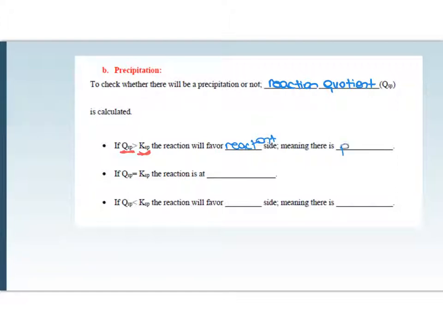meaning there is precipitation. If QSP and KSP are equal, this means that the reaction is at equilibrium, meaning you have a saturated solution.